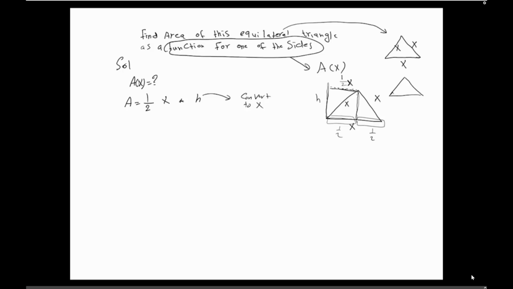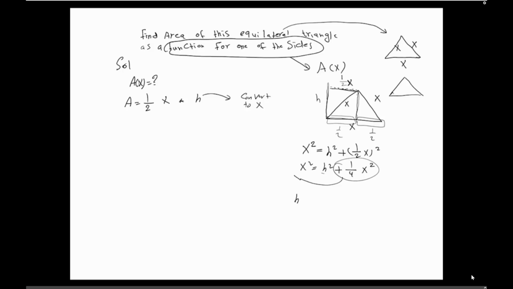And now we will implement the Pythagorean theorem, which is x squared is equivalent to h squared plus half of x squared. So what we will get is x squared equivalent to h squared plus (x/2) squared, and since we want our h to be alone, so we could represent it as x, what we will do is send this to the other side.